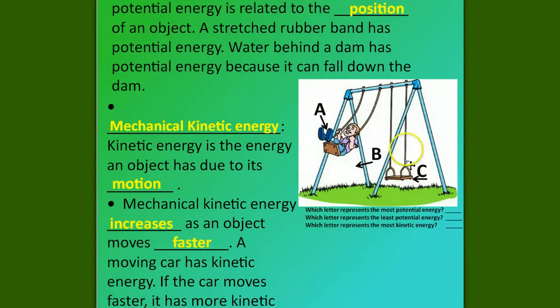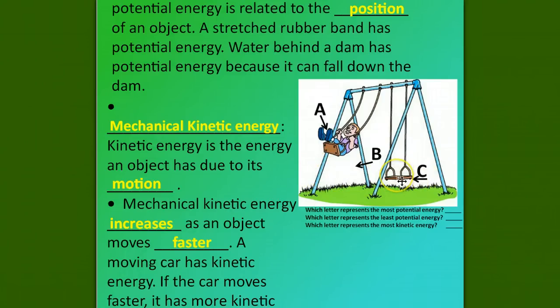I want you to look at this little picture that you have right here. Look at the little boy swinging on the swing. Which letter represents the most potential energy? Remember, which one represents the one with the most position? Potential means position.